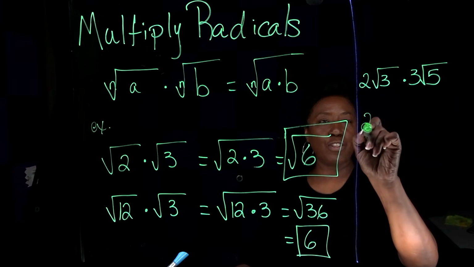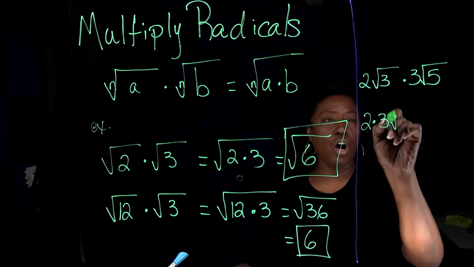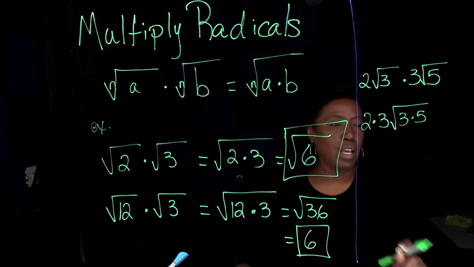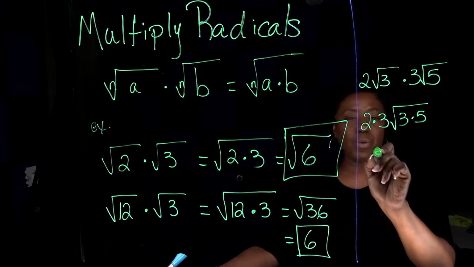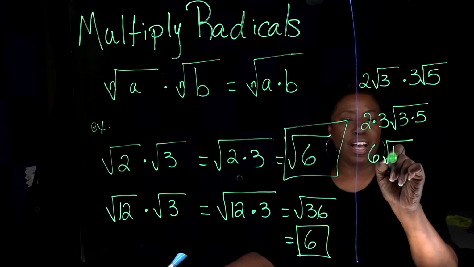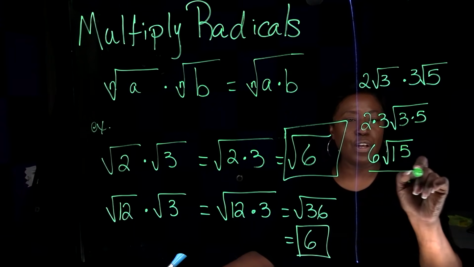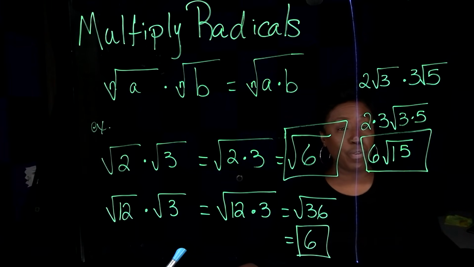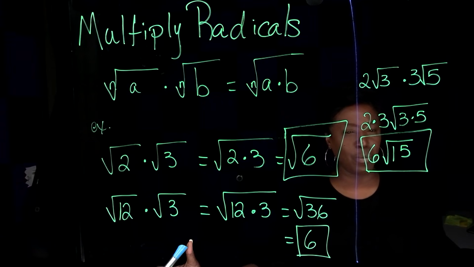So here we would have 2 times 3 on the square root of 3 times 5. Multiplying 2 times 3, we have 6 times the square root of 3 times 5, which is 15. This is in its simplest form, folks. We cannot simplify the square root of 15.